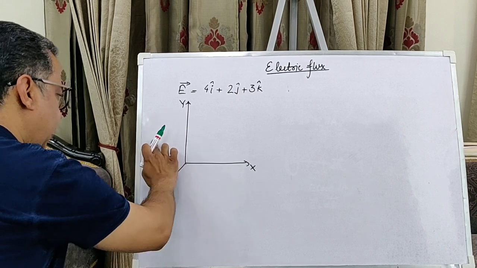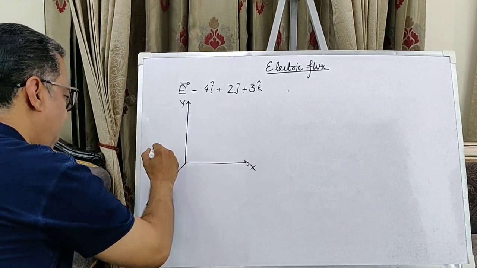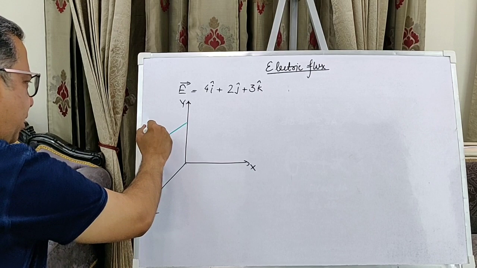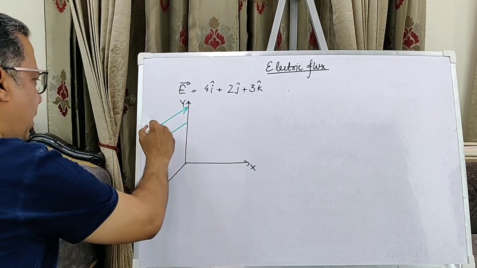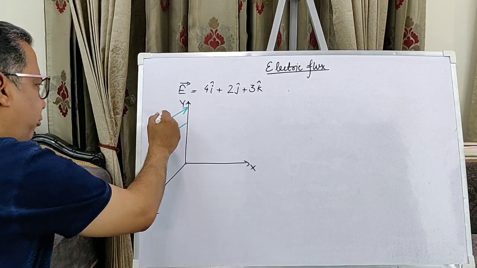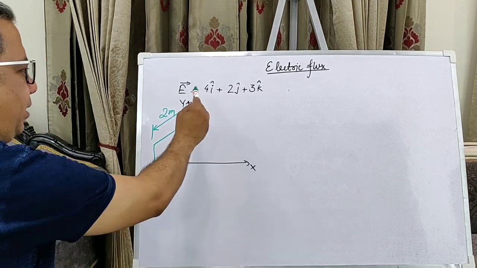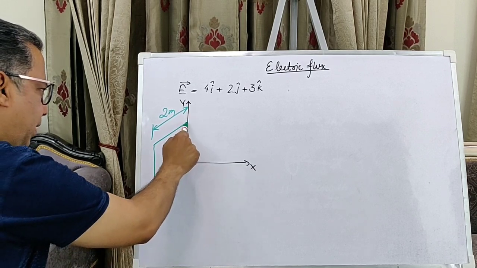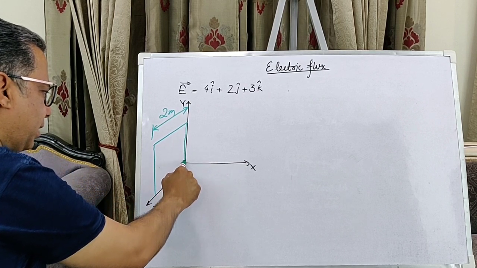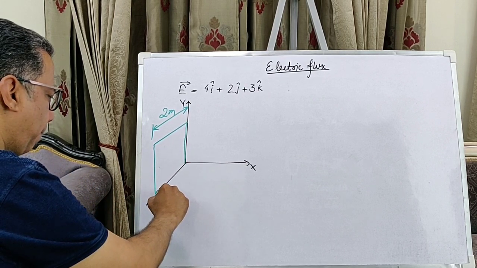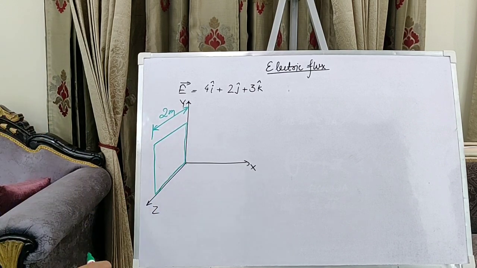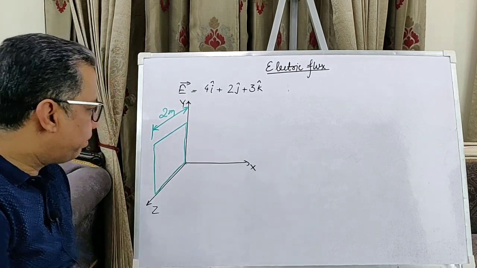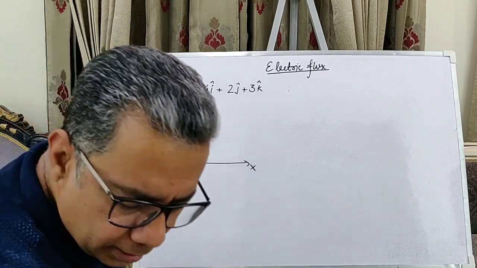Let's say we have this square shaped surface with a side of 2 meters. This surface is entirely in the YZ plane, and we are asked to calculate the electric flux through this surface here.